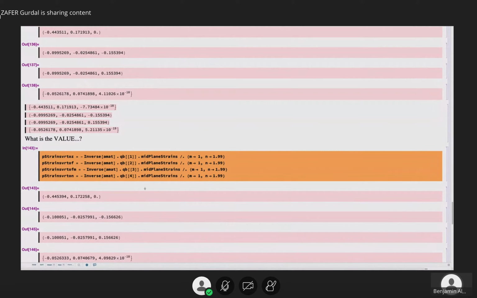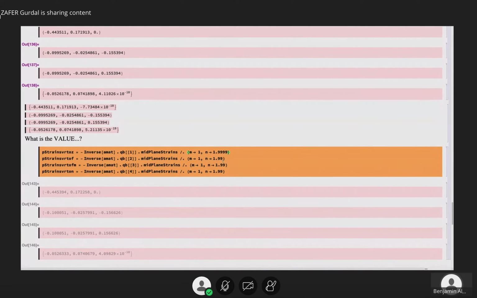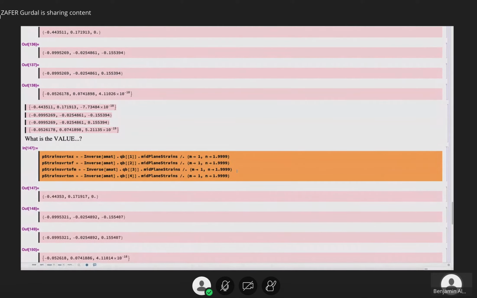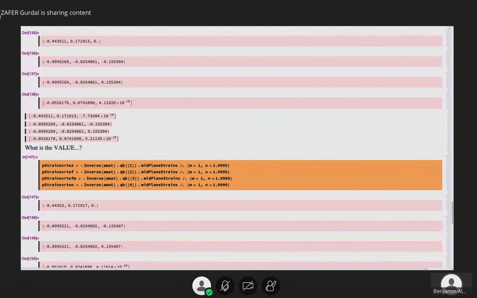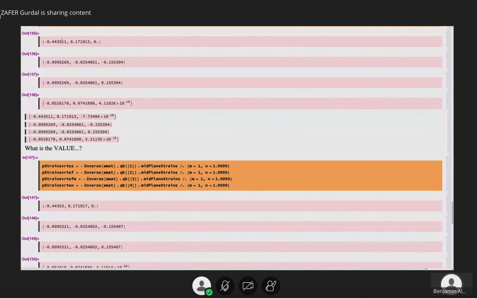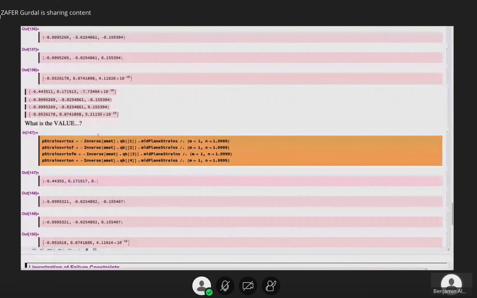If you want to make it even closer, you can make a real value 1.99 and say 1.999. So these are still real values, but now I'm approaching the integer value of 2. And you can see that this is 443511, and this is 4435, where instead of 11, I have 3. The difference is only in the 5th digit after the decimal point. So if you go to a higher number, 1.999999, this will approach these values.